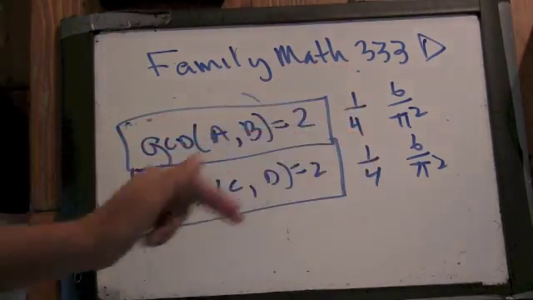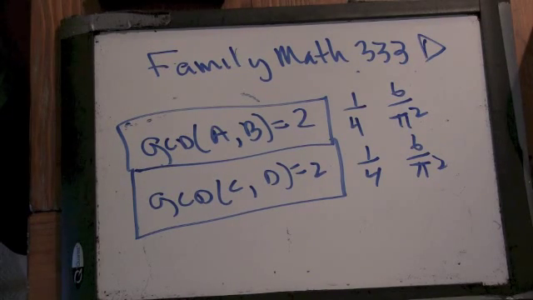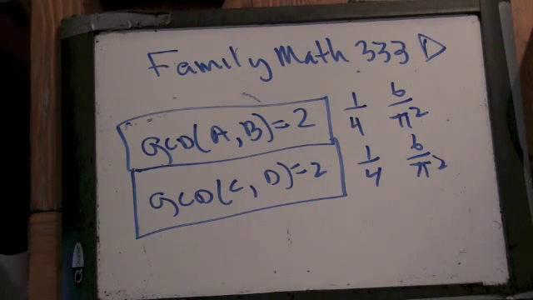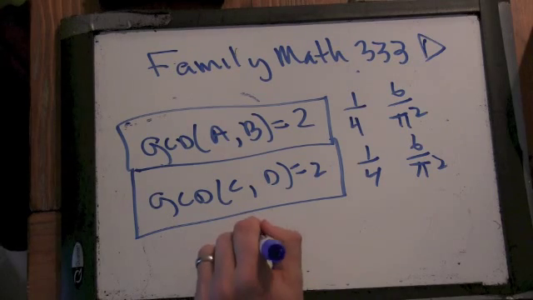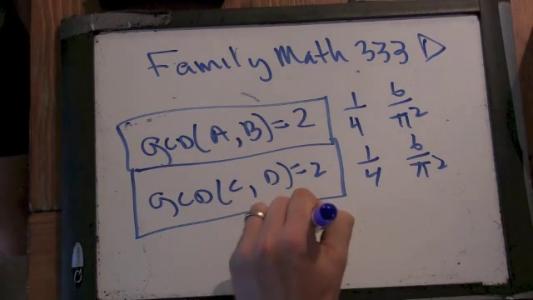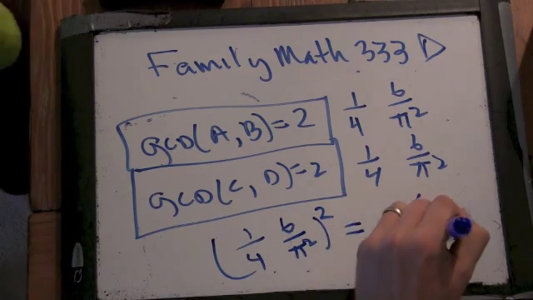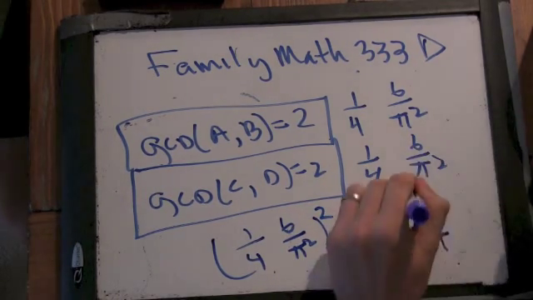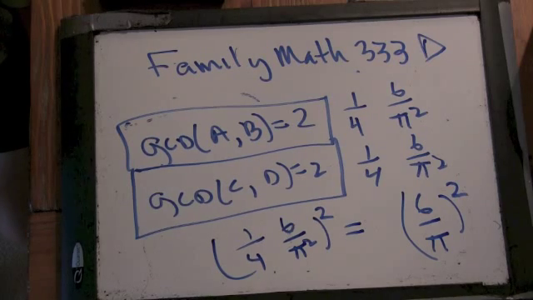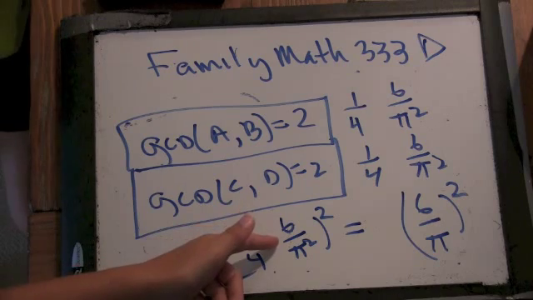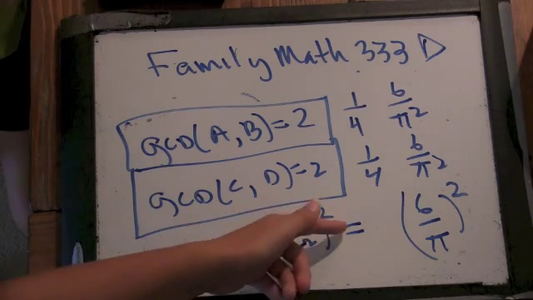Okay, what's it going to be? So 1/4 of 6 over pi squared, squared. How can I simplify this in terms of what I'm multiplying the 6 over pi squared by? Well, you're doing 1/4 times this times 1/4 times that.